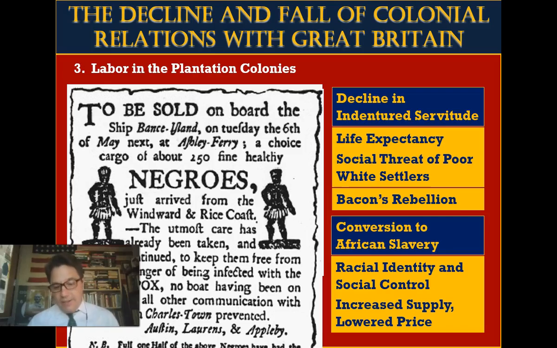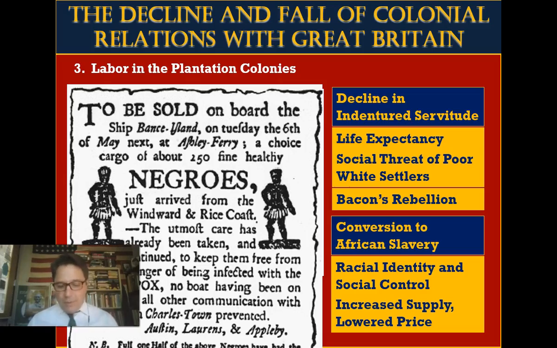Here's a slide I added just to put a mercantilist spin on something you already know about: the conversion to the labor system of race-based slavery. Plantation owners, like the mother country, wanted to minimize their own expenses and maximize their profits. So that might help explain why landowners started by relying on cheap indentured servants, essentially hired help at first.